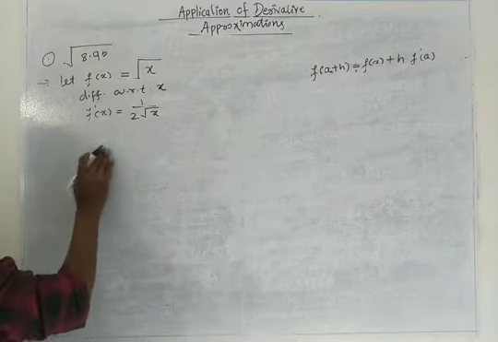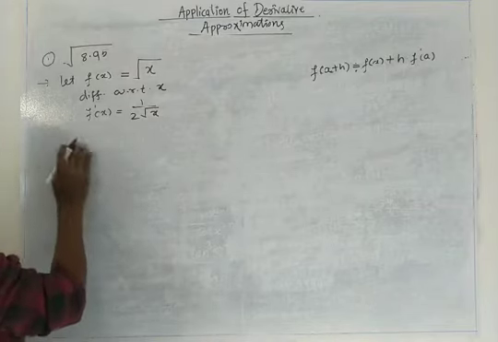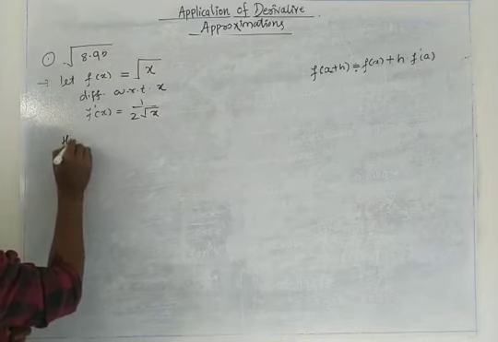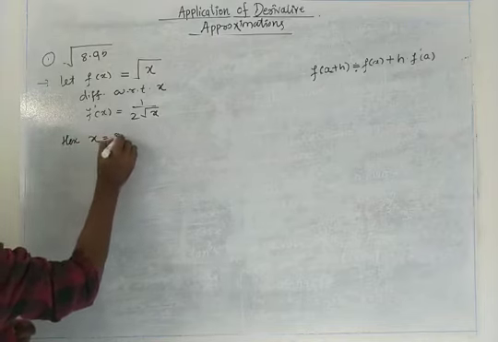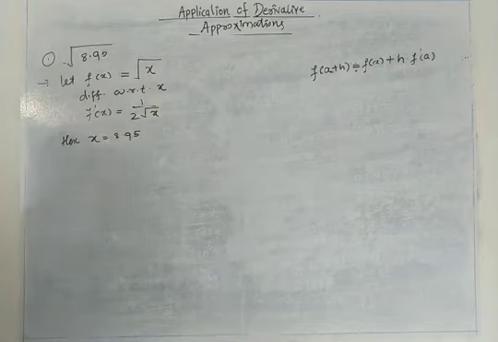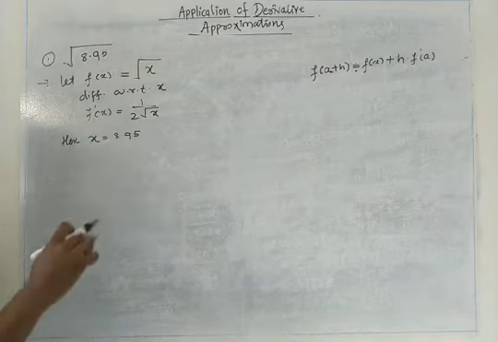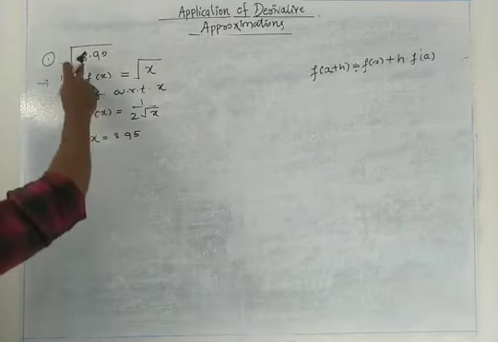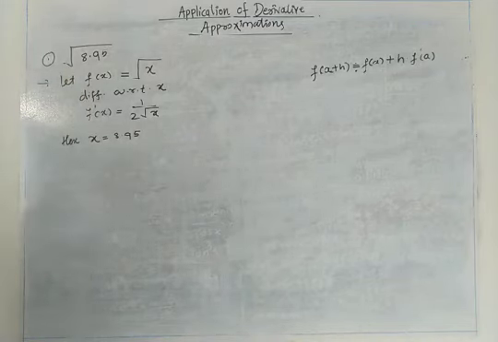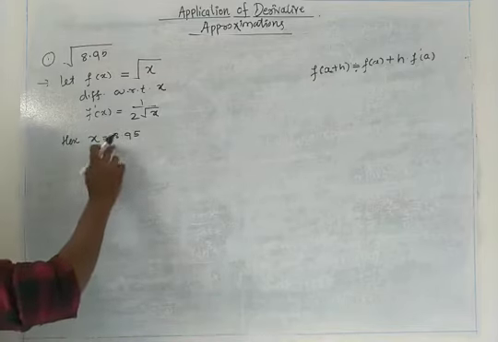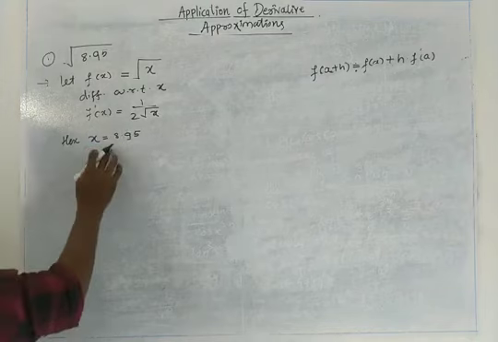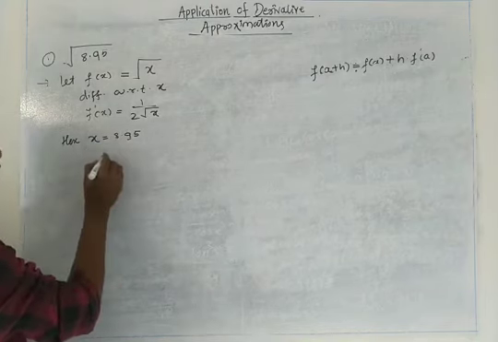Now next, we have to write the original value of x. Here x is equal to 8.95. We have to check which value is closest to 8.95 whose root we know. 8.95 is closest to 9, and the root of 9 we know. So we write 8.95 in terms of 9.